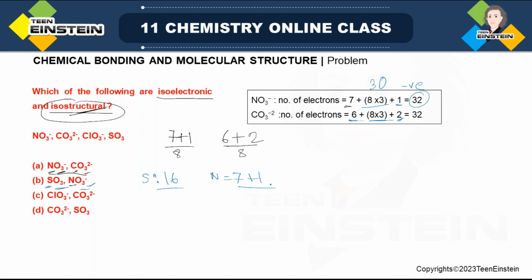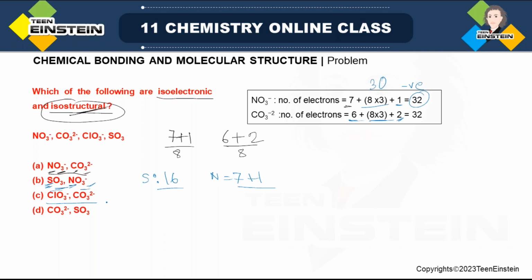Now these 2 differ from each other highly, so obviously they cannot be isoelectronic. Basically sulfur is from the 3rd period and nitrogen is from the 2nd period, so obviously we cannot expect that these 2 species will be isoelectronic. So just have a look at this option, you can understand, you don't have to do the calculation, don't waste your time.